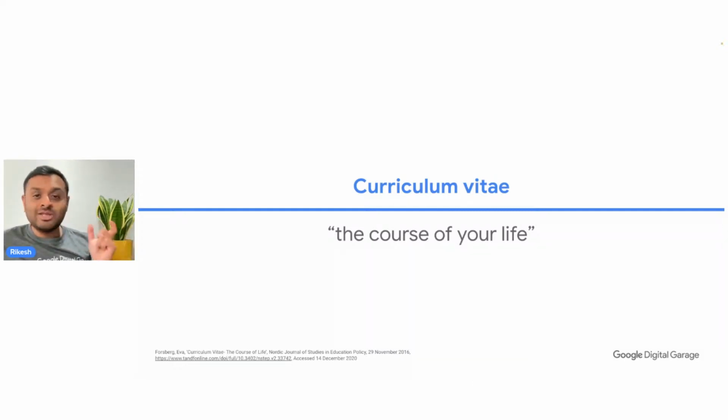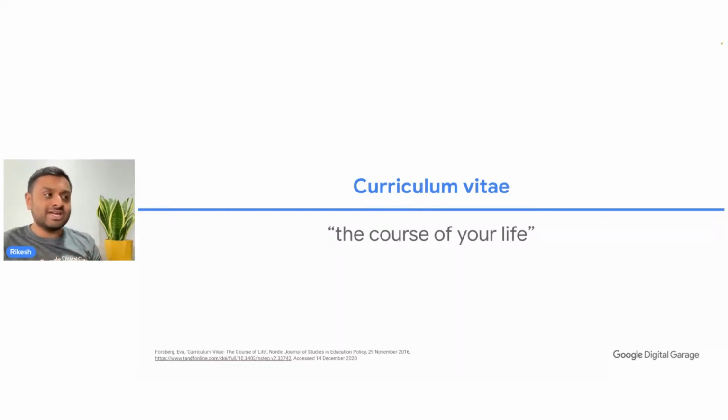That's something very important to keep in your mind, because when I was younger and at school and they said, oh yeah, Rikesh, you need to create a CV, this is what you need to include, I always thought it was basically just going to be a list of your education and a list of your work history or work experiences, and that's it.